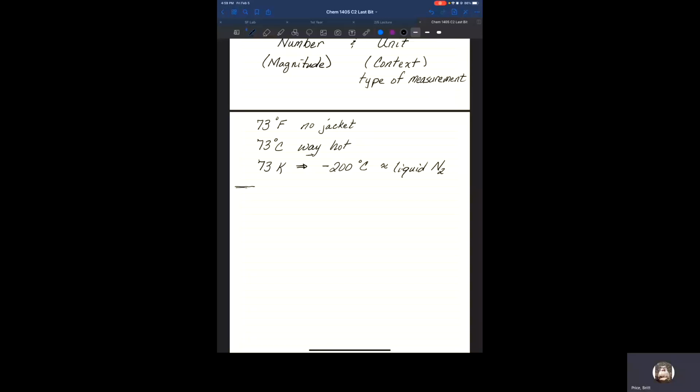We will get to this idea of units. Before we get to units, I want to look at what are called significant figures.